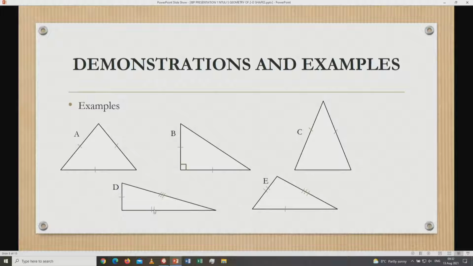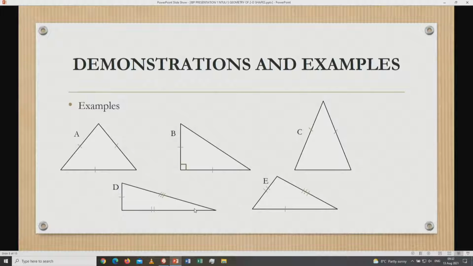On the base of this triangle, there are 2 markings. On this side, adjacent to this one, there are 3 markings. And then triangle E, there are 2 markings on one side, 1 marking here, and 3 markings on the other side. So these markings, guys, they mean something.